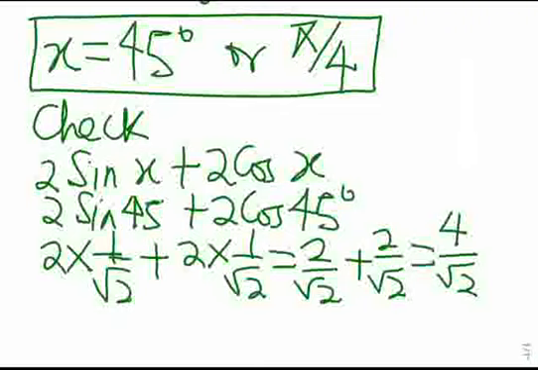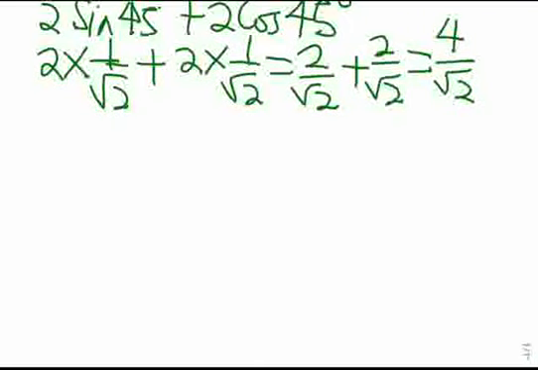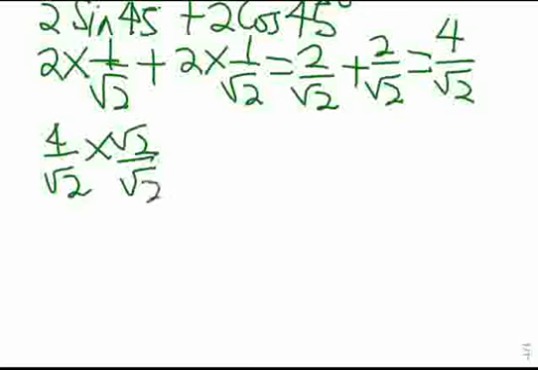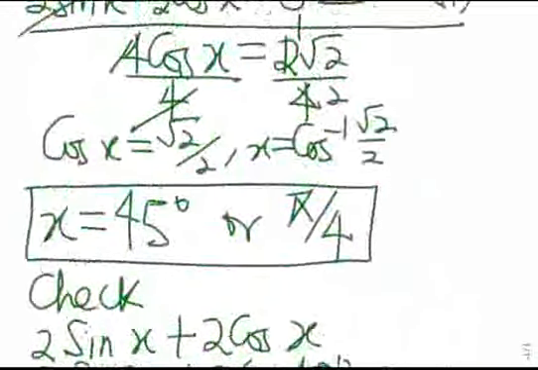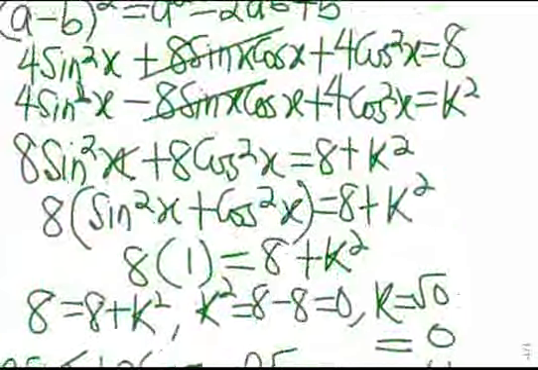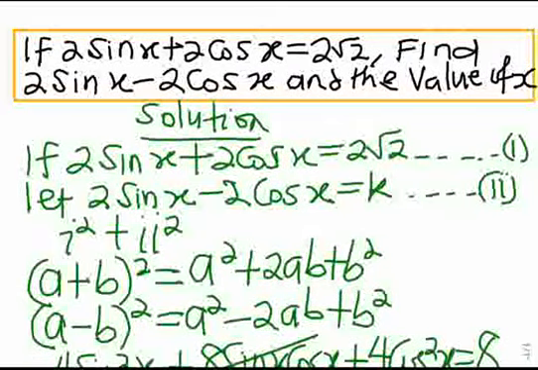And rationalizing that, you multiply by root 2 over root 2. This gives 4 root 2 over 2. 2 here 1, 2 here 2. So that is equal to 2 root 2. Is that not exactly what we have in the first equation? That is exactly what we have in the first equation, 2 root 2.